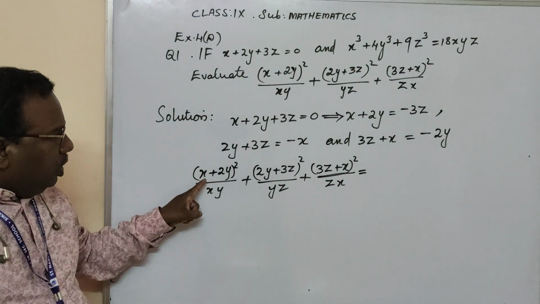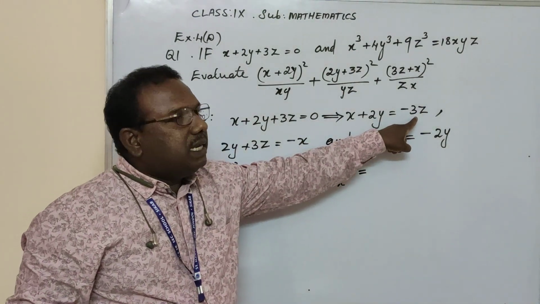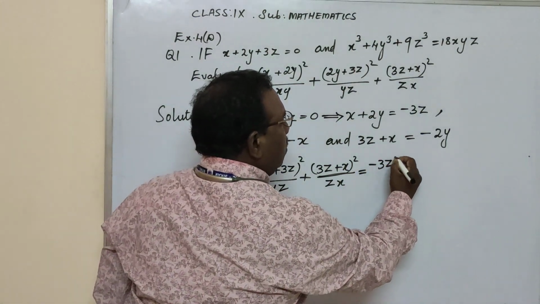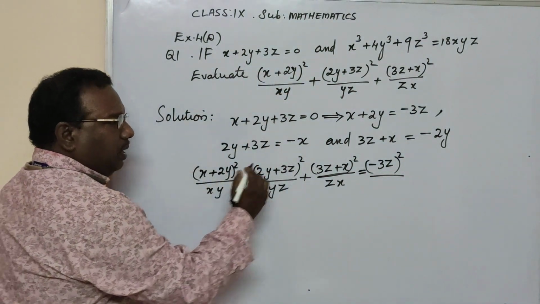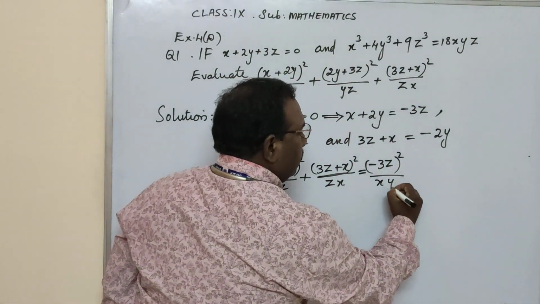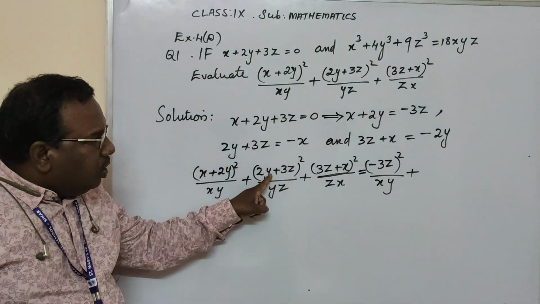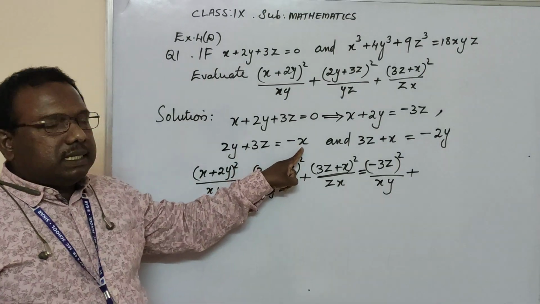Now let us put the value of x plus 2y. X plus 2y is equal to minus 3z. Minus 3z all square upon same denominator xy, plus the value of 2y plus 3z, which is minus x.